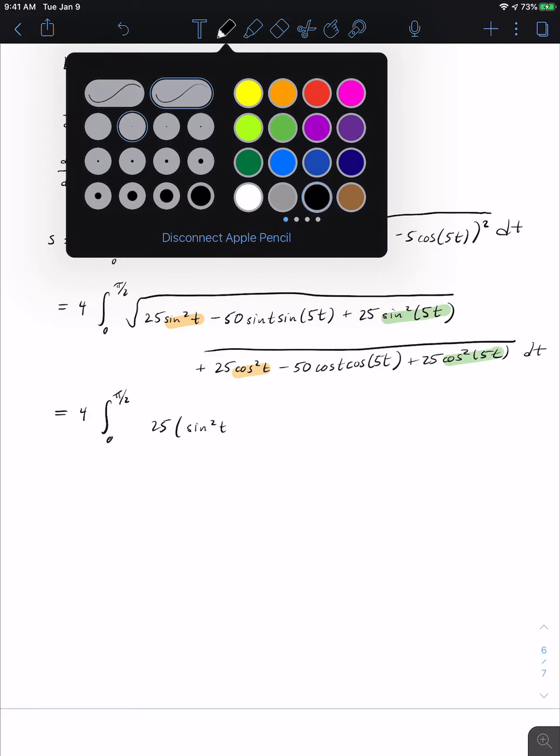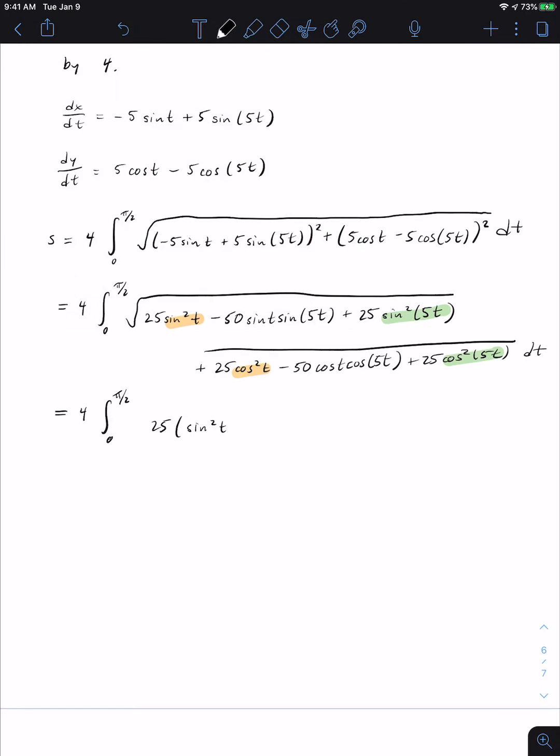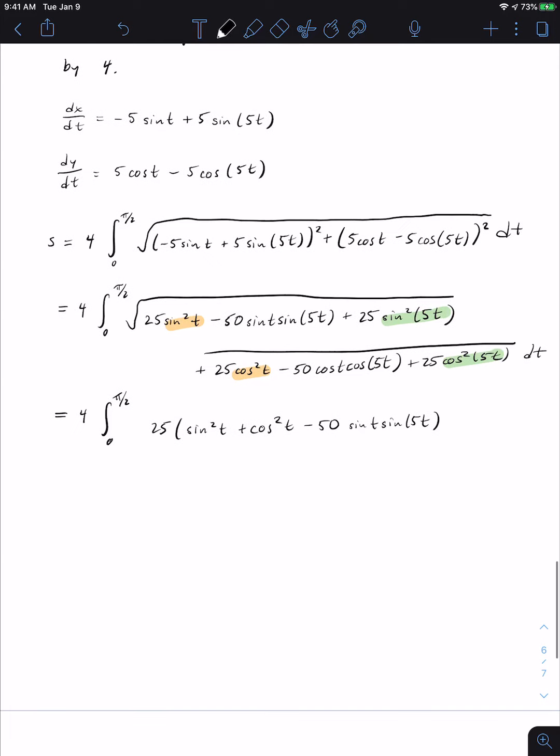That's because we have the identity sine squared plus cosine squared equals 1. So if I pull out a 25 of sine squared t, I'd be left with sine squared t, and then I'd have a cosine squared t. Then minus 50 sine t sine 5t. Then I'll go ahead and put the minus 50 cosine t cosine of 5t.